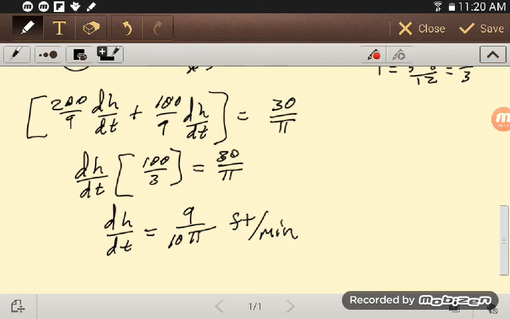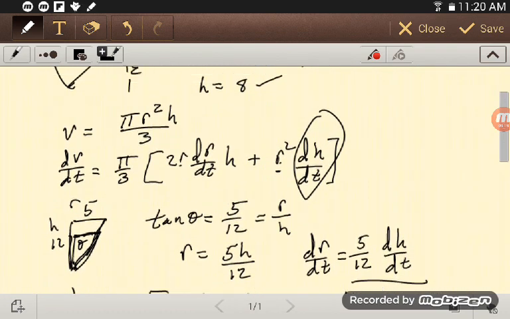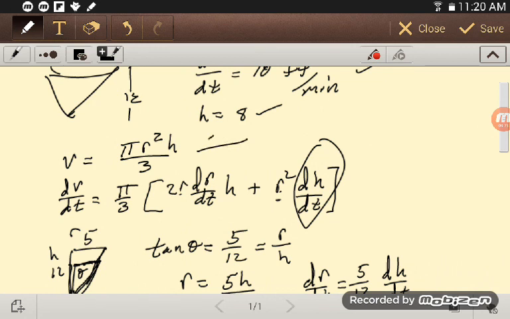This one was definitely a bit more complicated because we had to do secondary work. We had our cone with that volume, no problem. We'd seen that before in one of the examples in the text. But they didn't give us all the information about r and h. As I told you in that first video, we can get r in terms of h or h in terms of r, and we did that using our tangent.